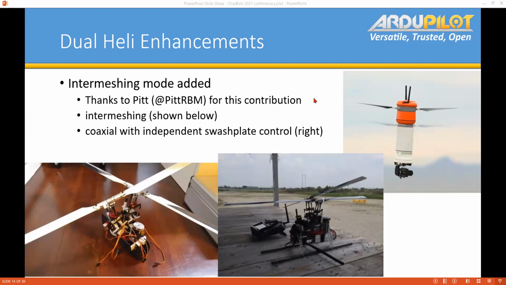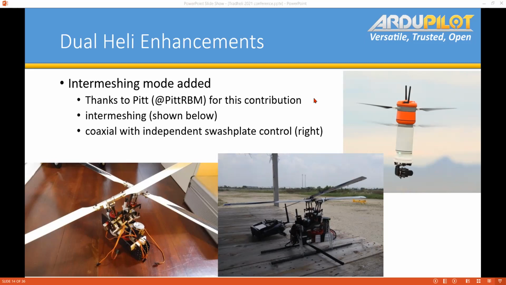Another great enhancement was the adding of the intermeshing configuration. Really cool work done by Pitt. About 2 years ago he started this, and he wanted to make an intermeshing rotor system vehicle, which is like the full scale K-Max, or the Husky.